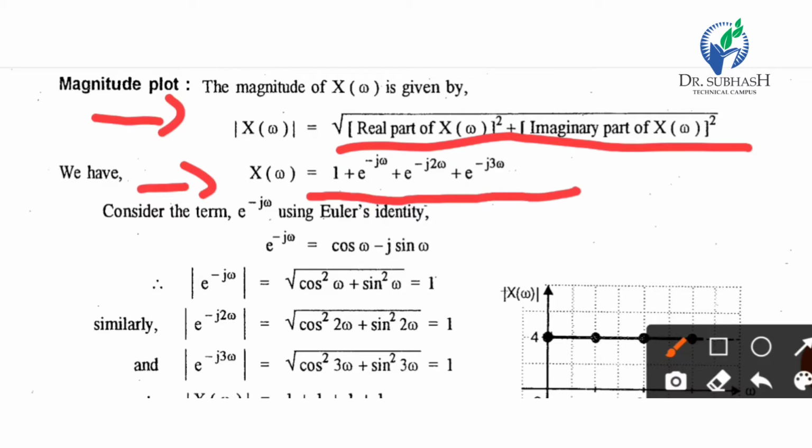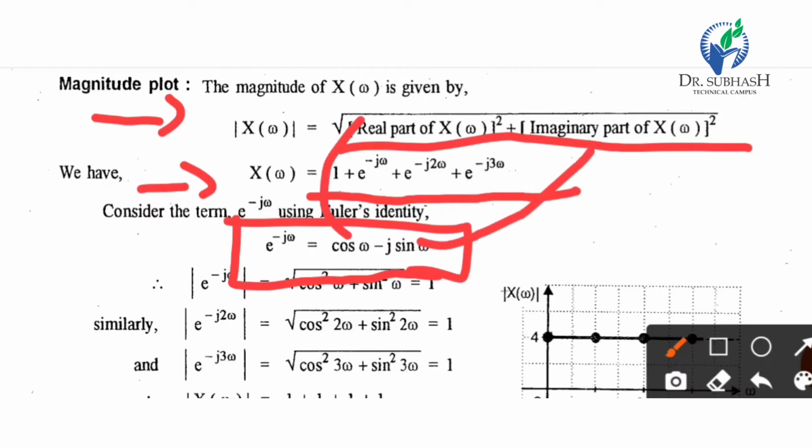By using Euler's identity, e^(-jω) = cos ω - j sin ω. So cos ω is the real part and sin ω with the j term is the imaginary part. So individually, the real part squared plus the imaginary part squared, and all under the root.